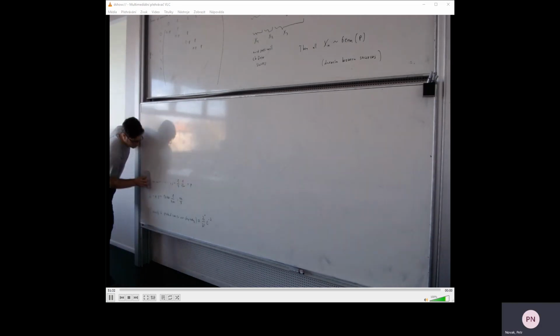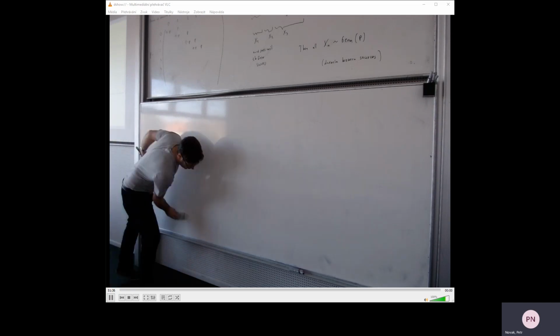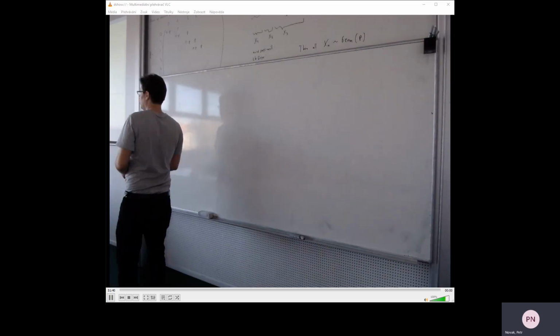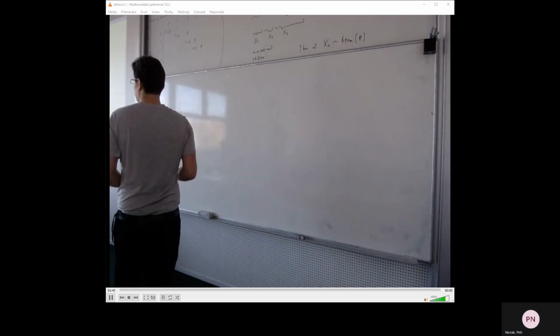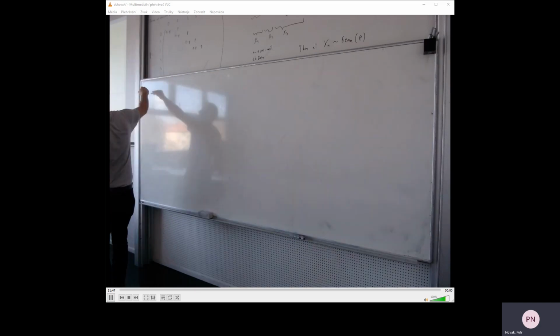Now, the Poisson process has 2 equivalent definitions, which we will prove that they are actually equivalent. And we can use both of them to find out its properties.